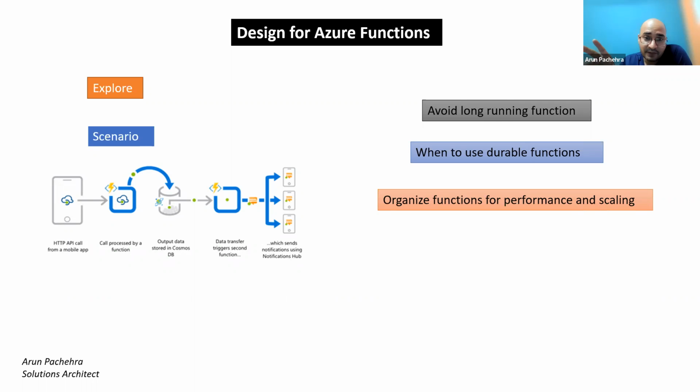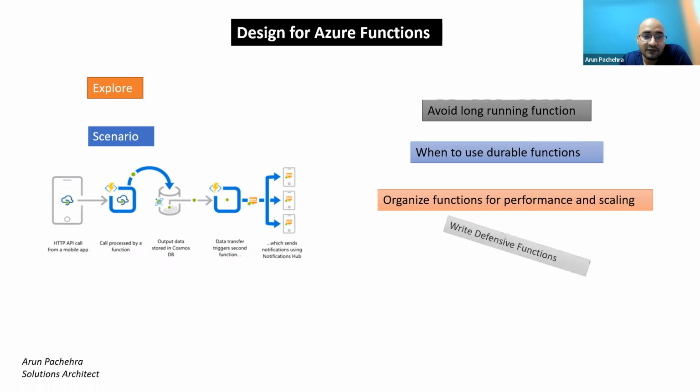Separate resources mean you can independently scale the functions, with no dependencies. The same logic applies when you run multiple applications in the same app service plan, like CPU intensive or memory intensive ones. When one scales at the back end, all those instances will be scaling, and all the applications running on them would have multiple replicas, whether they need it or not. So you need to organize functions for performance and scaling.